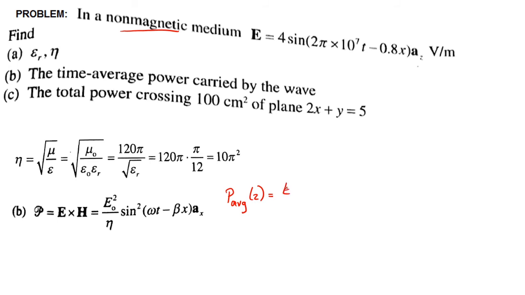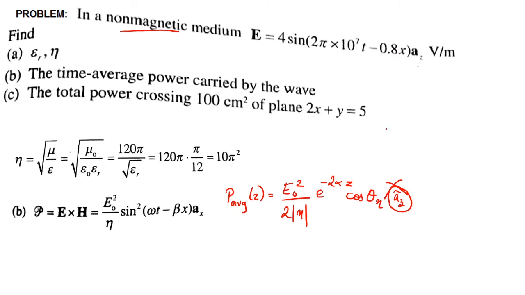The equation we learned was E0 square by 2 modulus eta into e raised to minus 2 alpha Z into cos theta eta. And in the last equation we wrote AZ, but there is no significance for this. Why? Because we take the particular case.